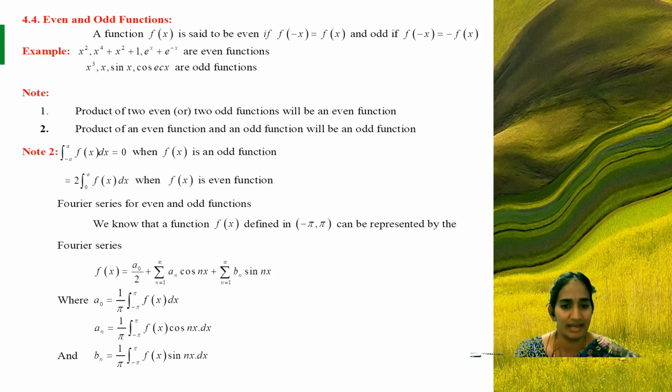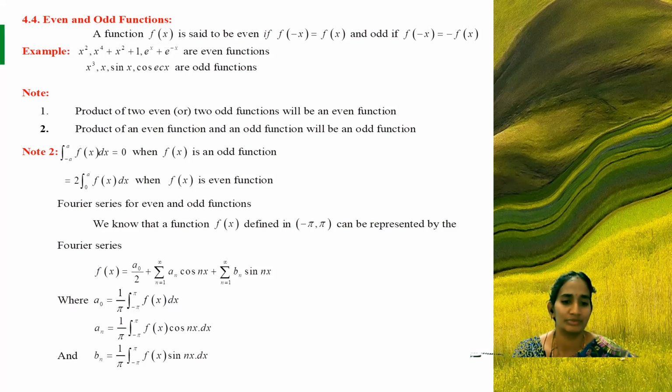So listen, in these equations, depending on whether your given function is even or odd, you are substituting here. Recall that the product of two even or two odd functions is an even function, and the product of even and odd is an odd function. That is the concept you are using here.